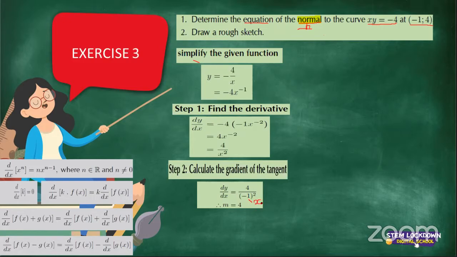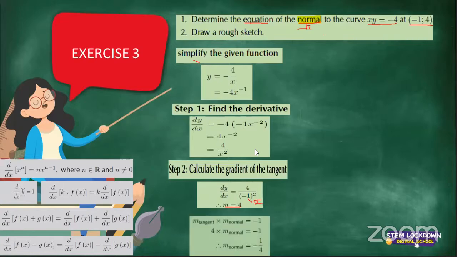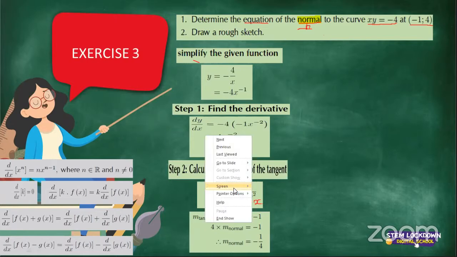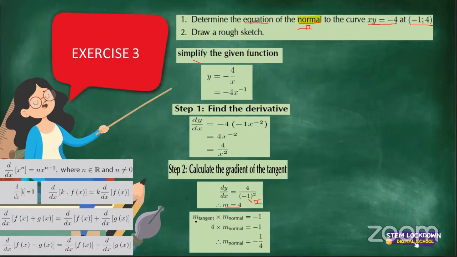When you substitute your value of x into the derivative, you get your gradient. But if you substitute the value of x into the function, you get the corresponding y value. So now we use our relationship because we know the gradient of the tangent, which is what we calculated here.